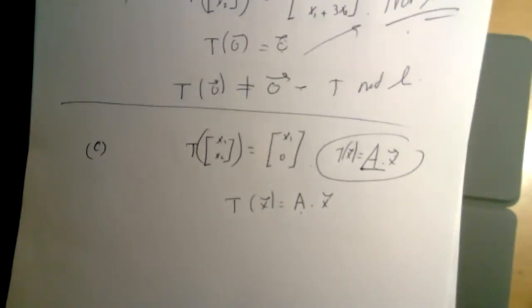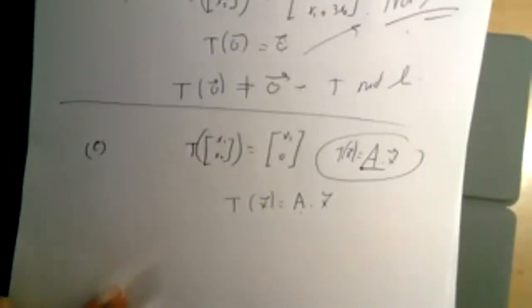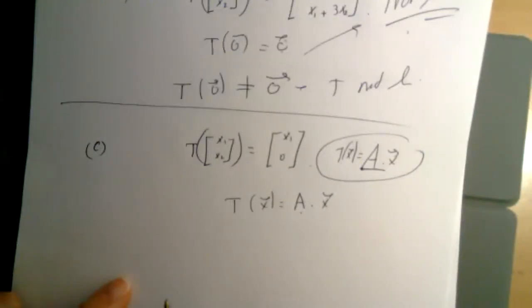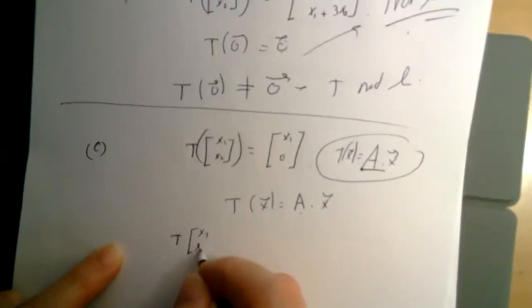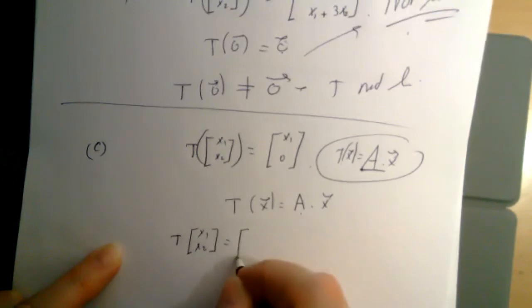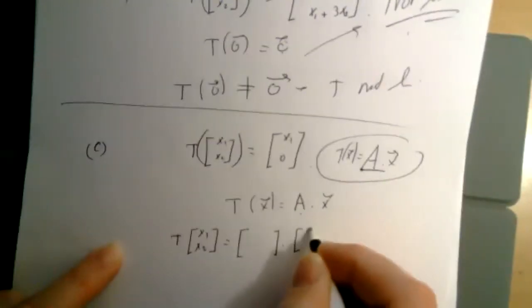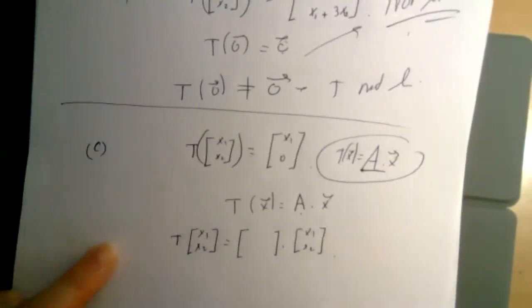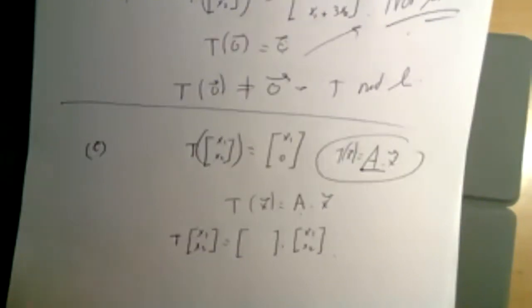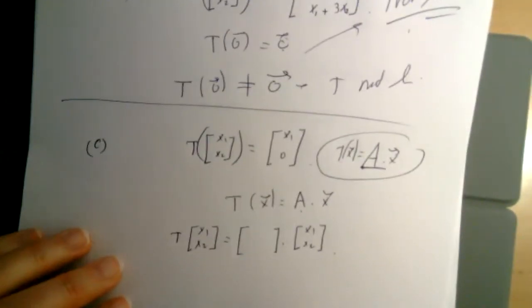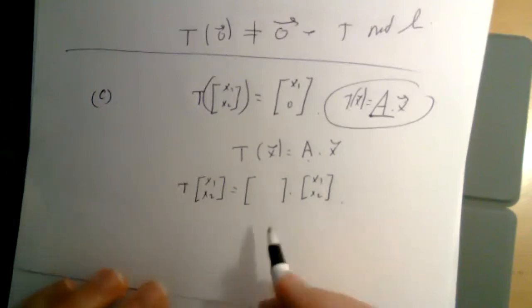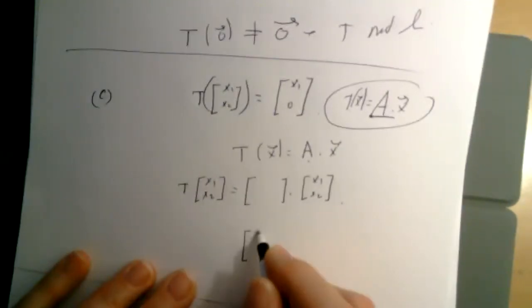If we cannot do that, then most likely it's not linear, and we go and check where one of the properties of linearity fails. So in this example, can we find the matrix A such that T of x1, x2 is A times x?